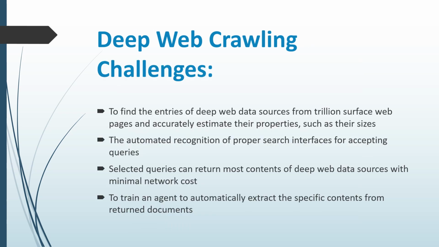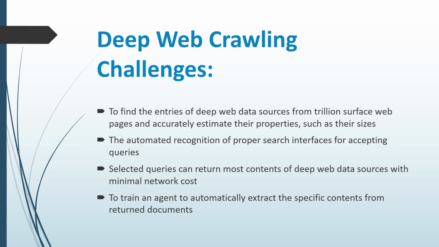Let's discuss some challenges of deep web crawling. The first challenge, included in step 1 of the crawling process, is to find the entries of deep web data sources from trillions of surface web pages and accurately estimate their properties such as their sizes. In the second step of the process, the automated recognition of proper search interfaces for accepting queries is a challenge.